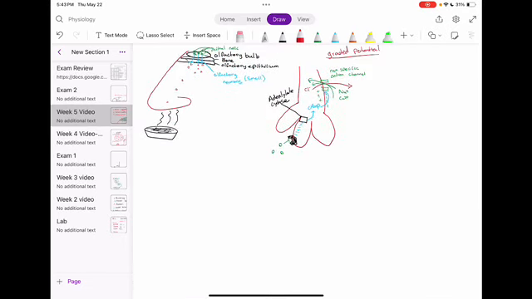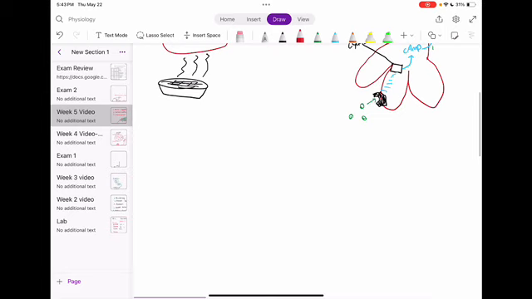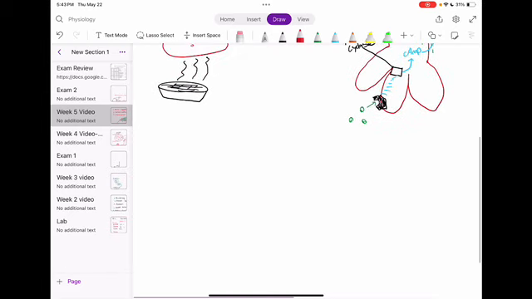Now we're going to talk about taste. So, I'm going to draw part of a tongue here. This tongue is going to have little sections. Right at the bottom of these, we have what people refer to as our taste buds.